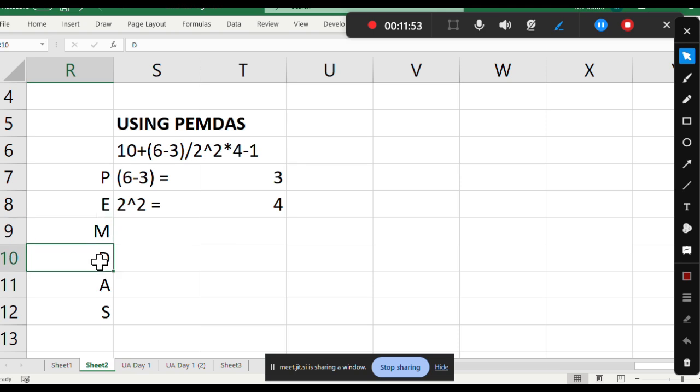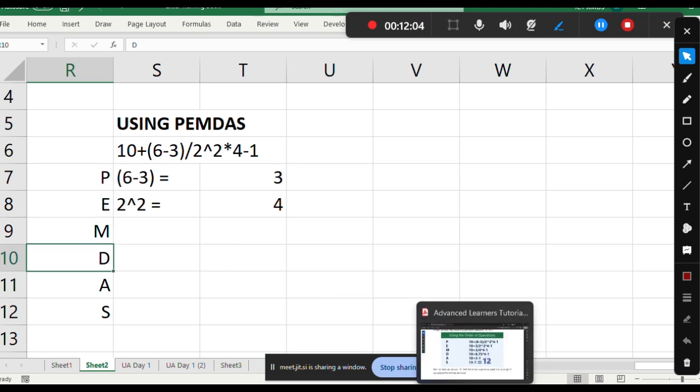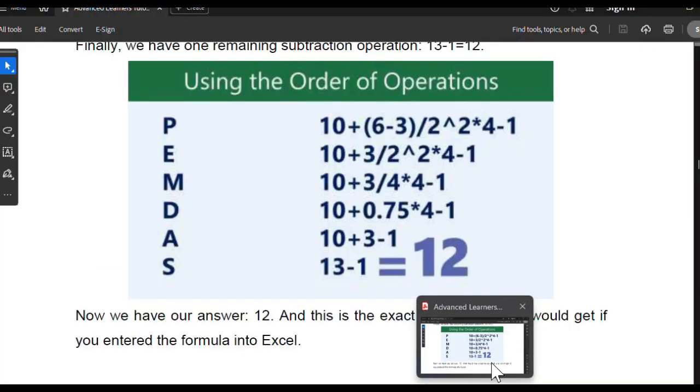Is it not multiplication first before division? According to our order, it's multiplication. But is it changing? Yeah, something will change.